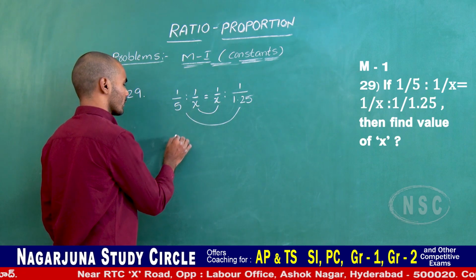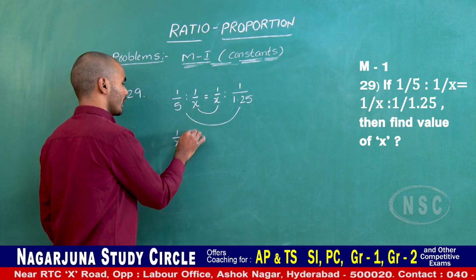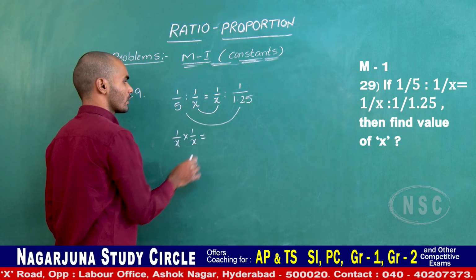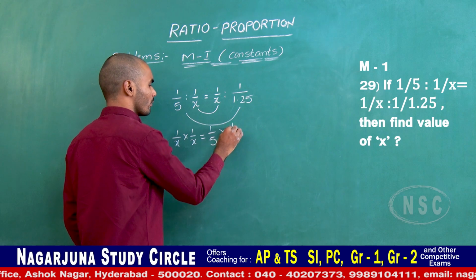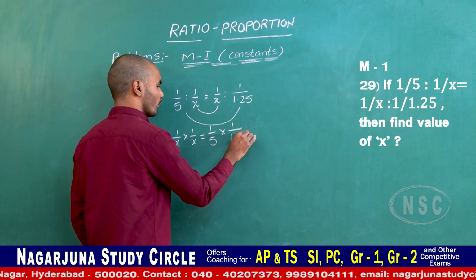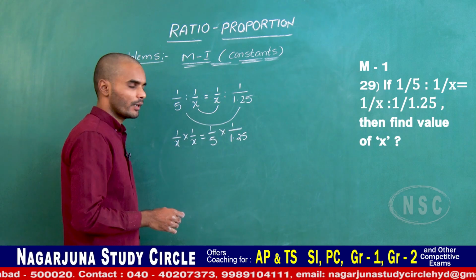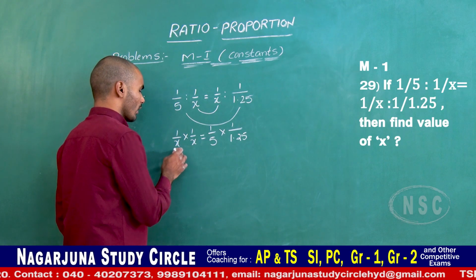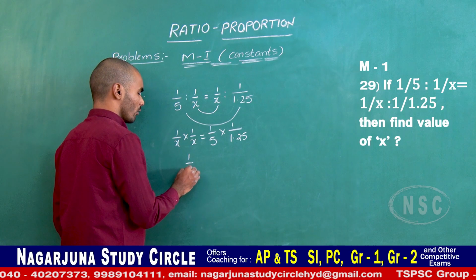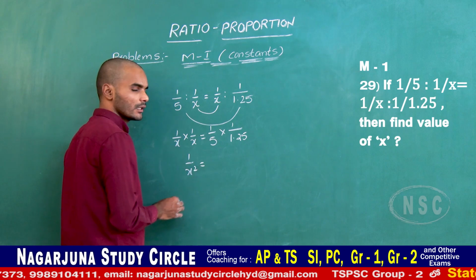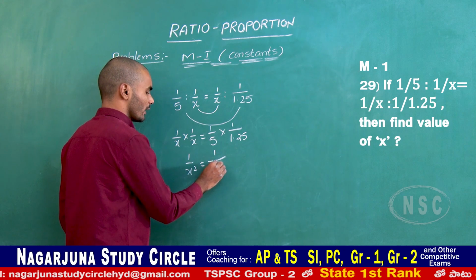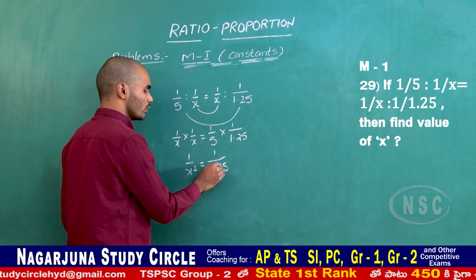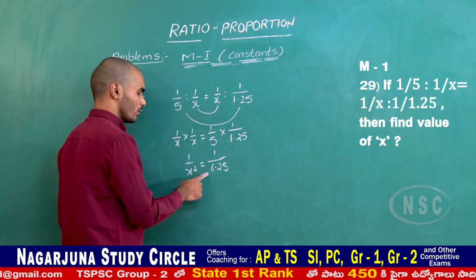1 by x multiplication 1 by x is equal to 1 by 5 multiplication 1 by 1.25. Just 1 by x multiplied by 1 by x means 1 by x square, equal to 1 by 5 into 1.25, which is 1 by 6.25.